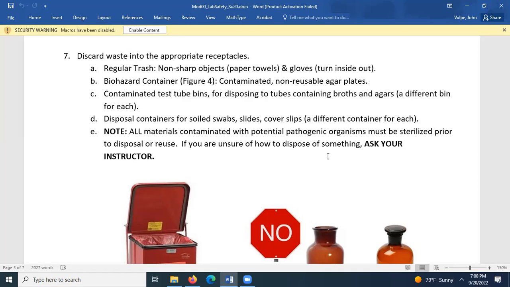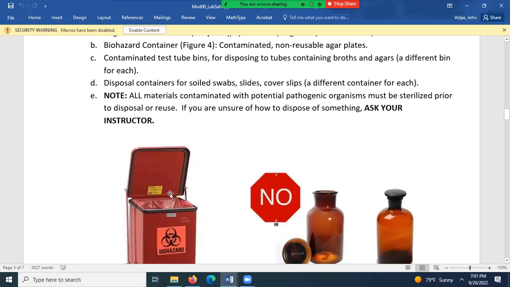If it's been contaminated with bacteria and it's not glass, you put it in the biohazard container, shown here, and that will have an autoclave bag in it, and we'll take it all out and autoclave it. That would kill the bacteria in it before we then throw it away. Okay?